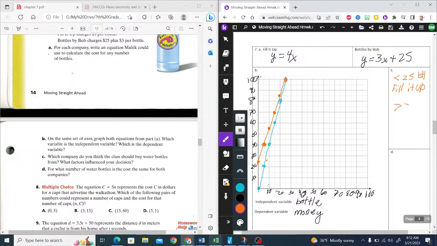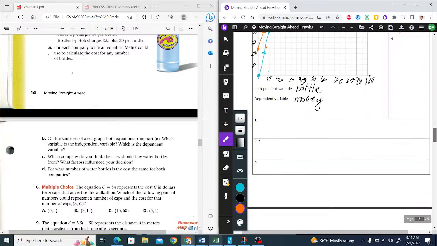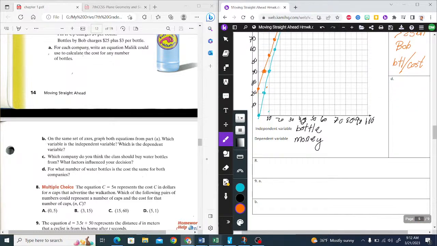If you're buying more than 25 bottles, you want to choose Bob, because it's cheaper then. The things we were concerned about are bottles and cost, and nothing else. Letter D: for what number of water bottles is it the same for both companies? 25 bottles.